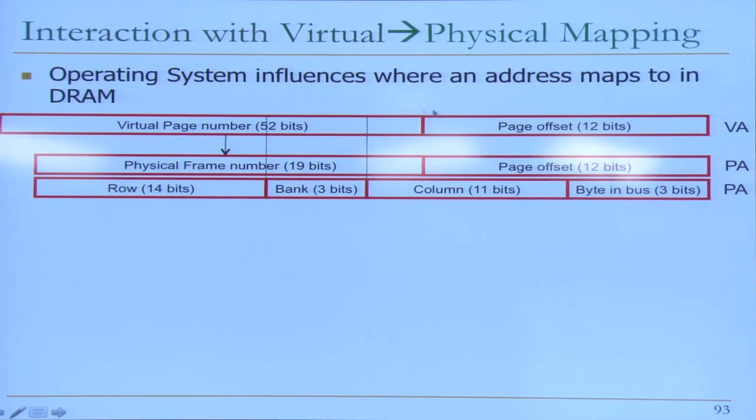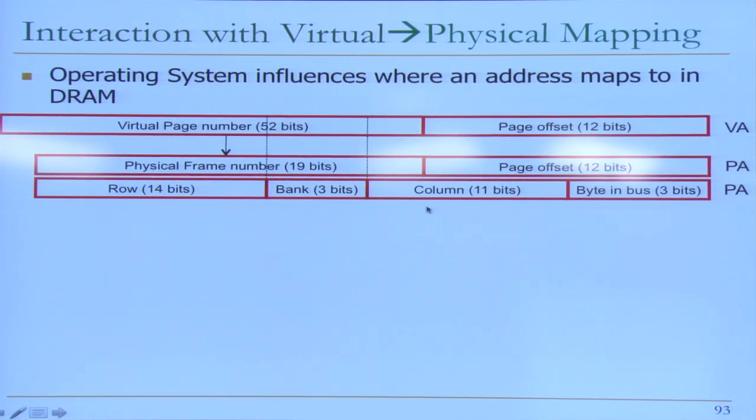So if you look at this, let's assume we have this mapping from the physical address to rows, banks, columns, byte and bus, assuming a single channel. This is another interpretation of that physical address. Basically, it has a physical frame number and a page offset, assuming a 4 kilobyte page over here.